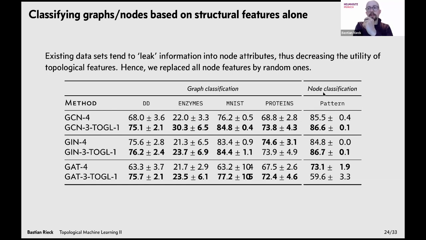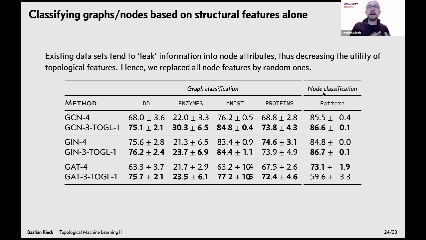We knew when we picked them that the utility of topology-based features would be decreased, because if your node feature has a dimension that says here's a cycle, then of course you don't need an algorithm to detect the cycle, because the node feature already encodes the presence of the cycle. That's of course a hyperbolic claim. I'm just saying this here for the sake of an intuitive understanding of the shape of the problem.